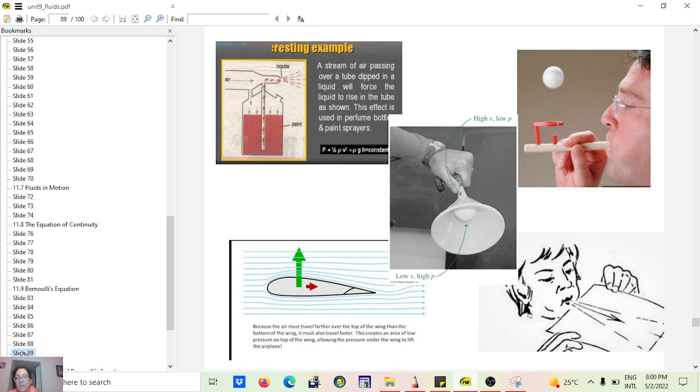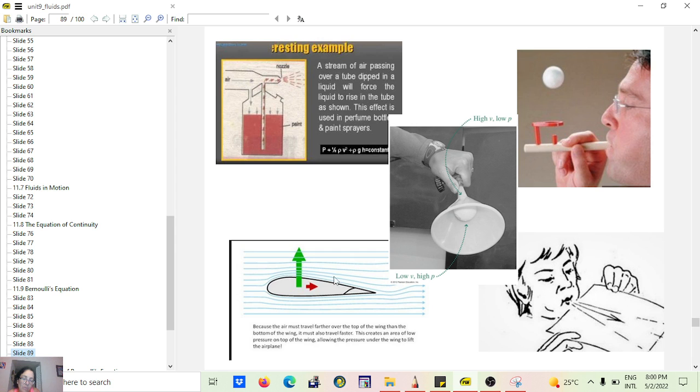So a lot of application here. You can explain the lift, for example. That's one way to explain the lift of an airplane. You see the air here has to move faster to catch up with the air from above, because of course you have a continuity of flow, so the same amount of air flowing through a cross section here will be the same as, during the same time, the air flowing through that cross section.